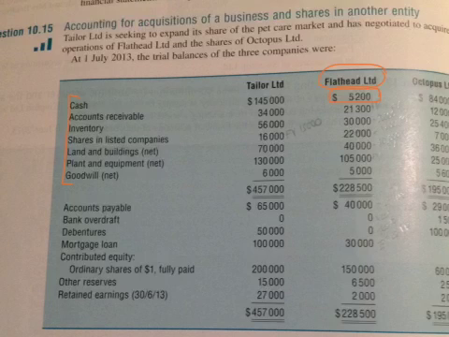So we expect to see an entry in the liquidation account for accounts receivable, inventory, shares in listed company, although I know now in this question that is dealt with separately. Then land and buildings, plant and equipment, and goodwill.